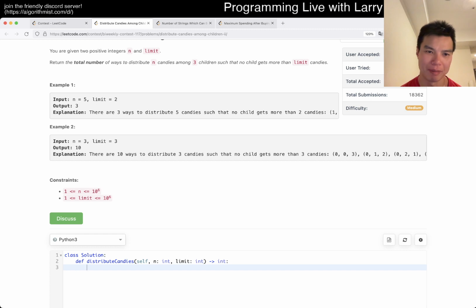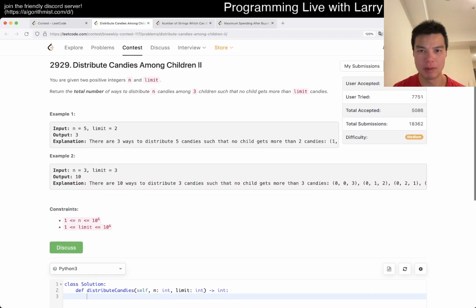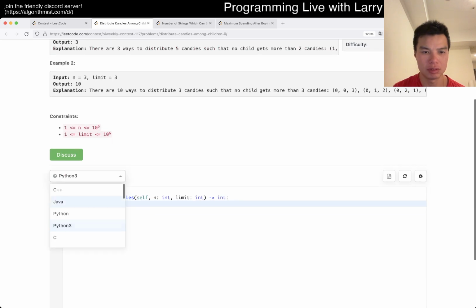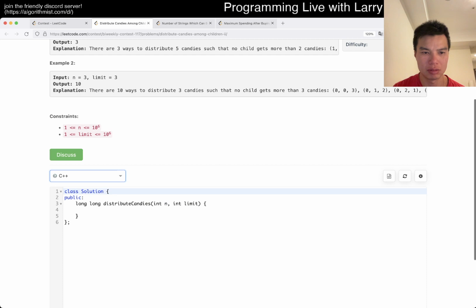Why am I so bad at math? Can I do reverse? No. n choose 3 can be pretty big, right? Is there no mod?